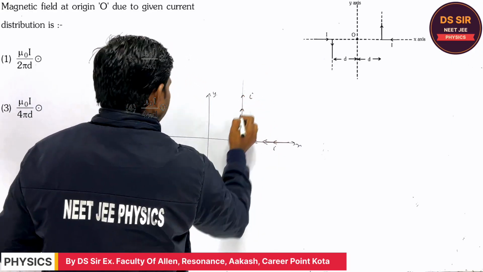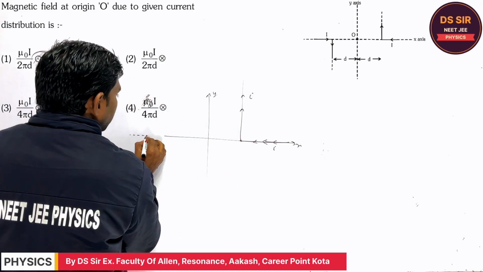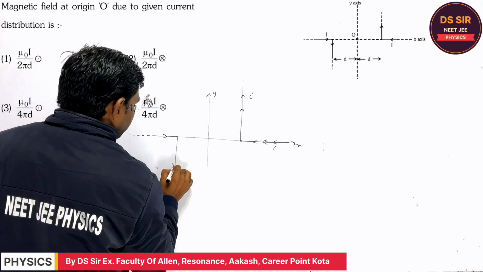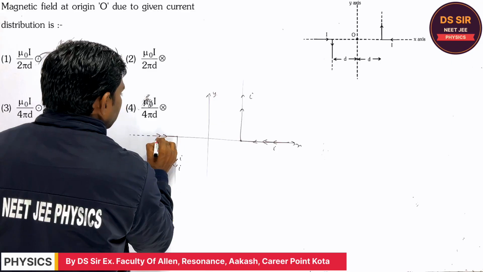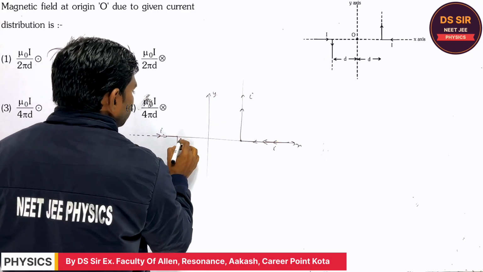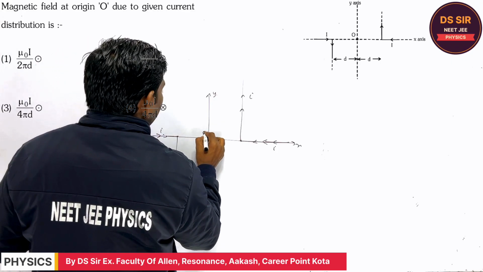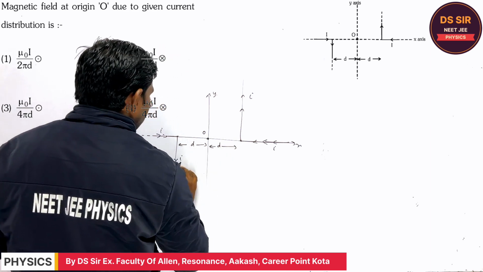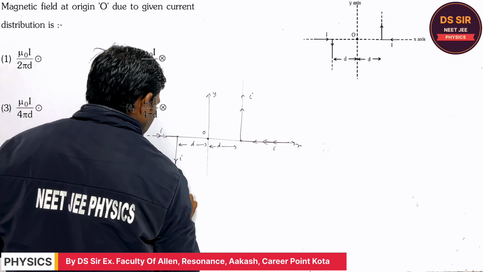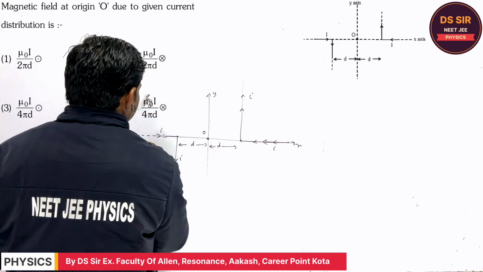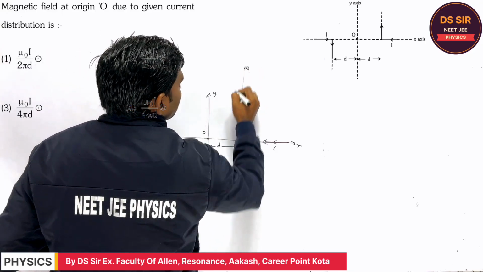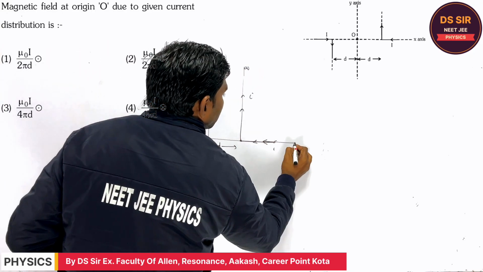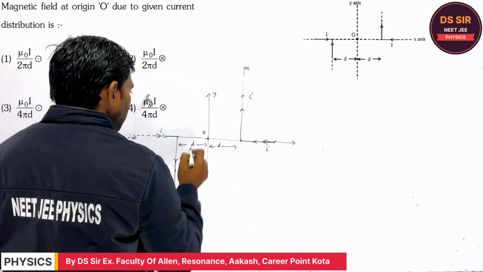This is the I. In the y-axis, current is coming from infinity and going in this direction. Is it clear or not, you tell? Yes. You have to find the magnetic field at this point. This is the I and this is the O.